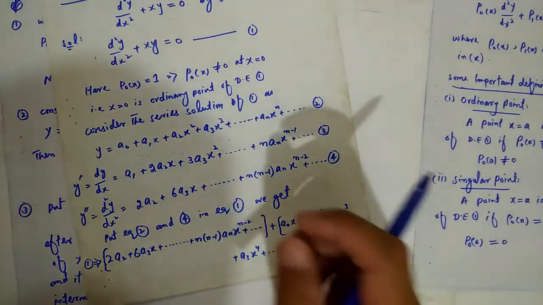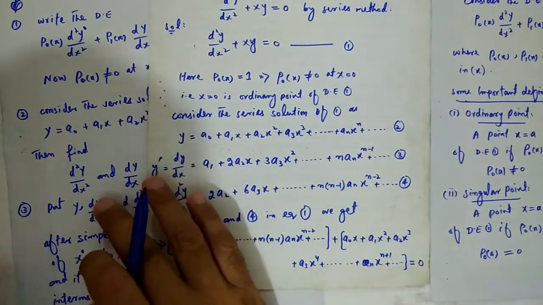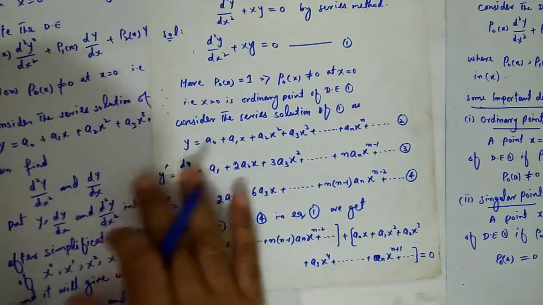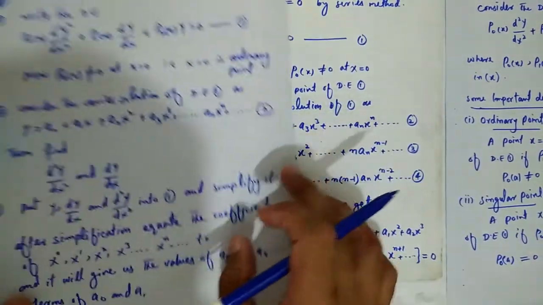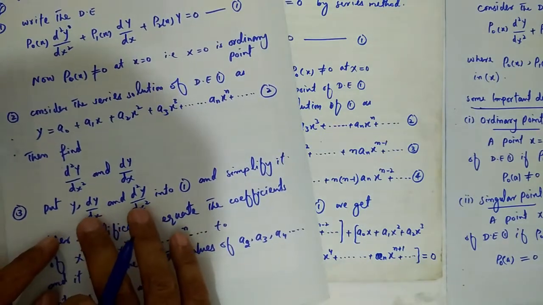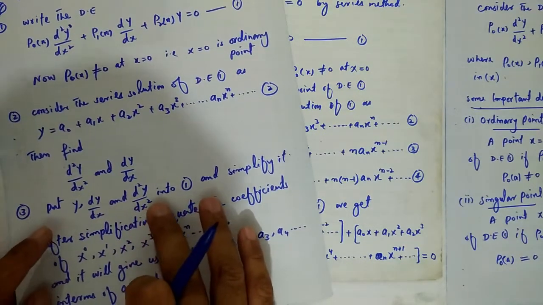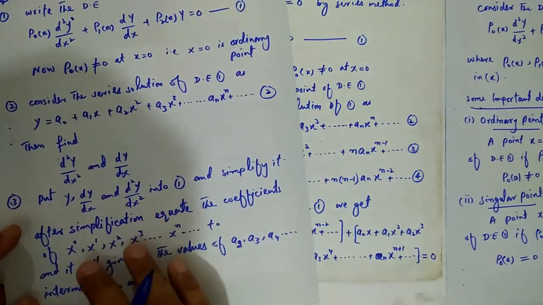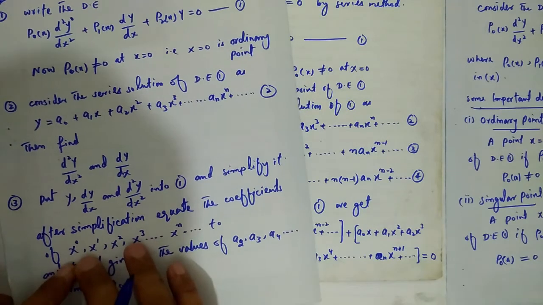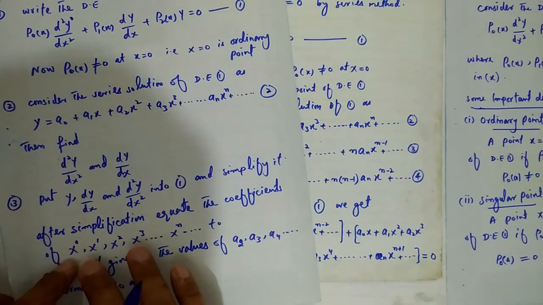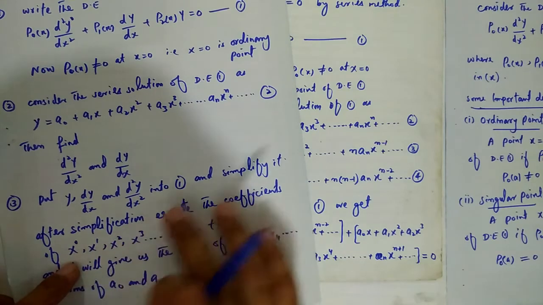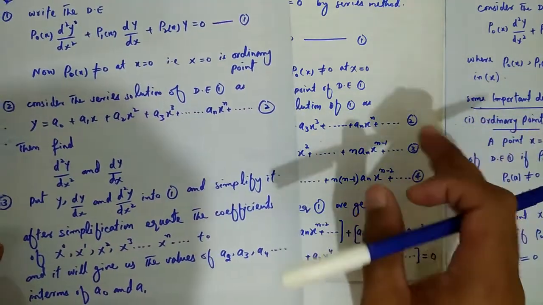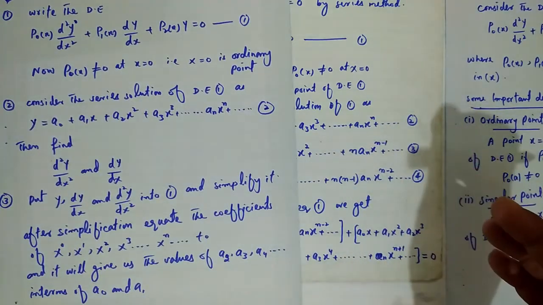Now in the third step, as we were discussing in the working rule, when we put y and d square y upon dx square in equation number 1 and simplify it, after simplification we will equate the coefficients of x to the power 0, x to the power 1 and so on to 0. So they will give us a2, a3 and so on.